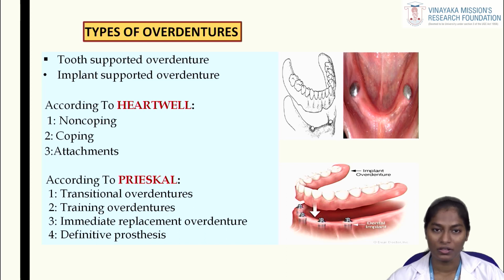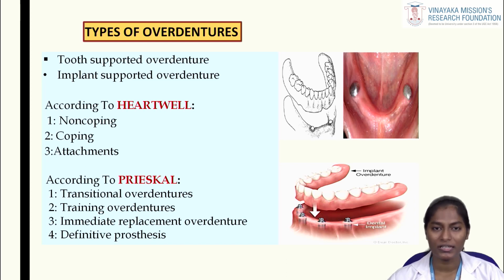The coping one is where, after the root has been prepared, a cast metal coping has been placed over the exposed roots. And attachments like ball attachments, Rotherman attachment, header attachment, such attachments are used to retain the overdenture, and they come under the attachment retained overdentures.